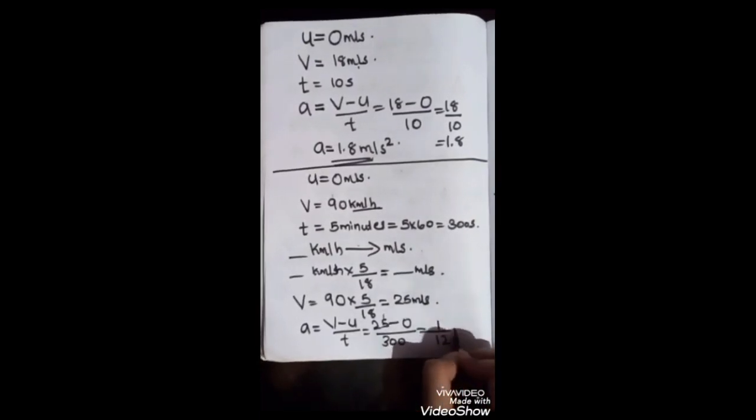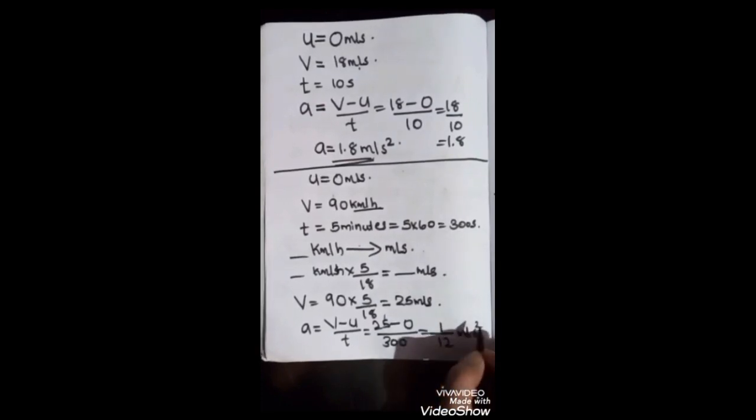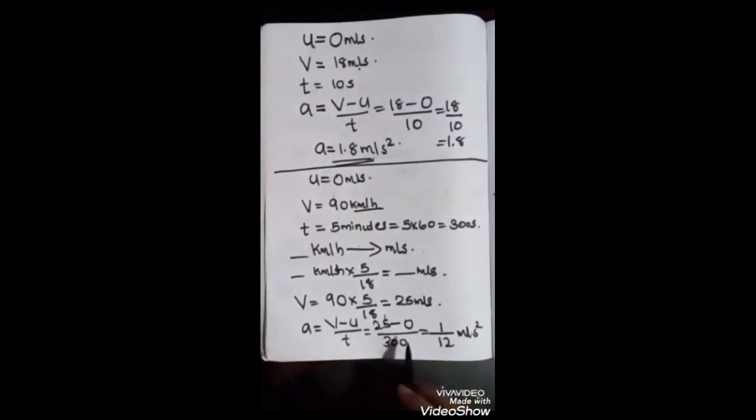What is the unit of acceleration? Meter per second square. So the acceleration of the train is 1 by 12 meter per second square. Hope you clear that.